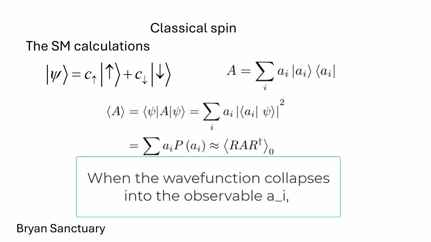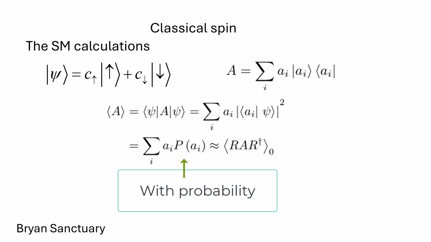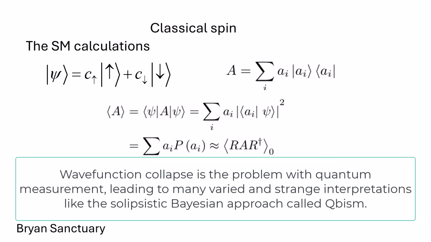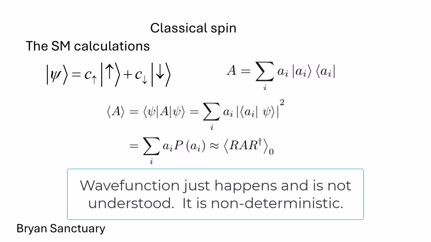Form the expectation value, which is weighted by the coefficients. Therefore, when measured, the wave function must collapse into the observed state with probability of P of A_i. Collapse is a mathematical consequence of the linear 2D Hilbert space that gives the quantum definition of spin. Wave function collapse is the problem with quantum mechanics and its many varied and strange interpretations. There are no mechanisms and no determinism for wave function collapse.